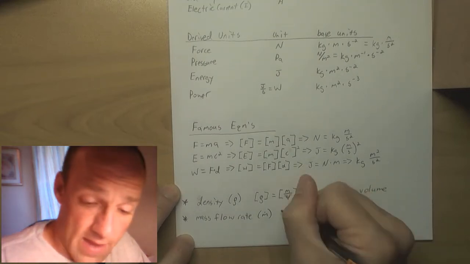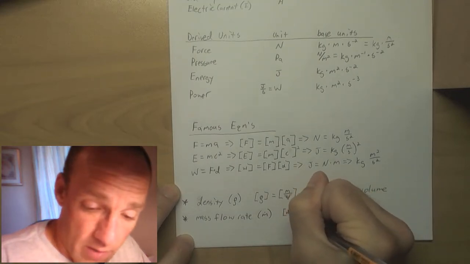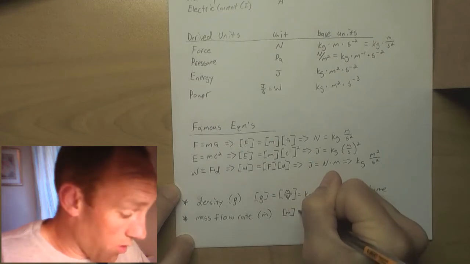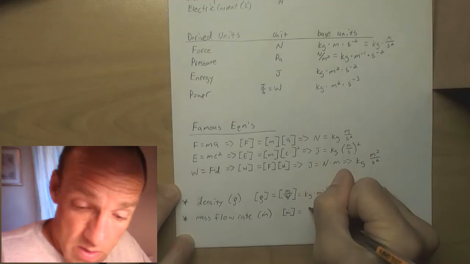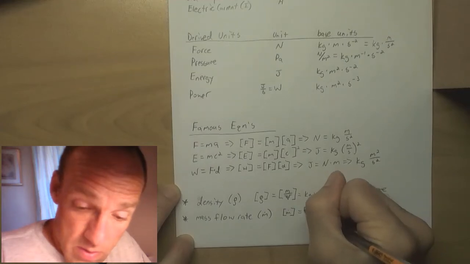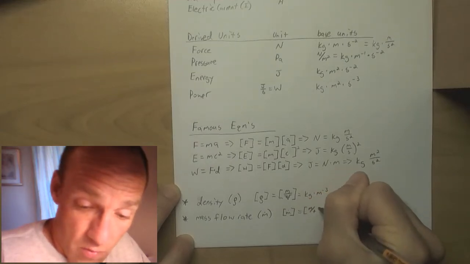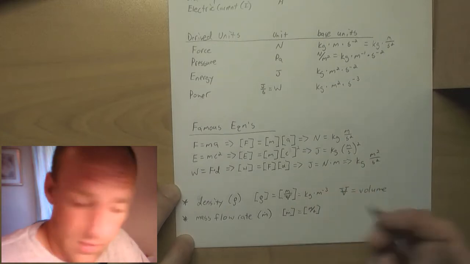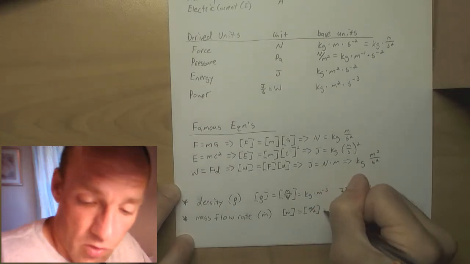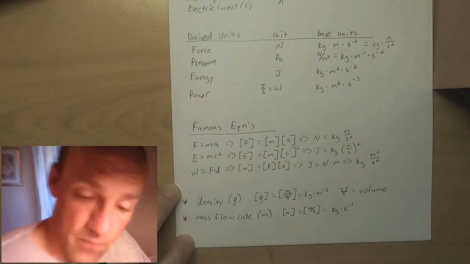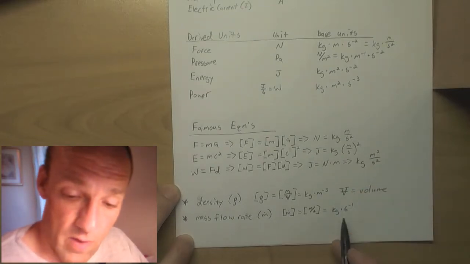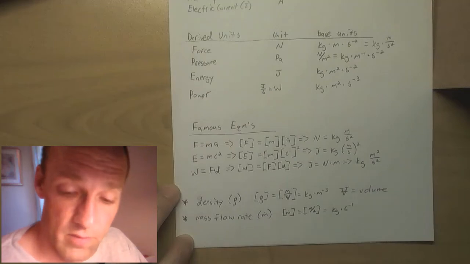Okay, and then the units of mass flow rate are the units of mass over the units of time, which is just going to be kilograms times seconds to the -1.